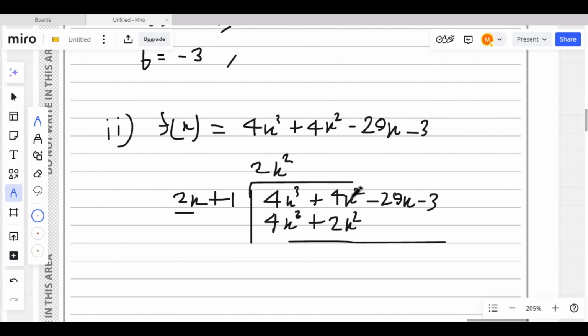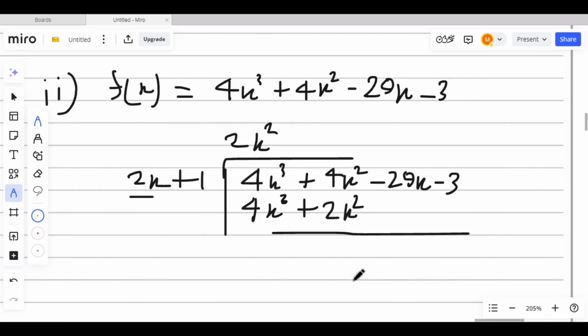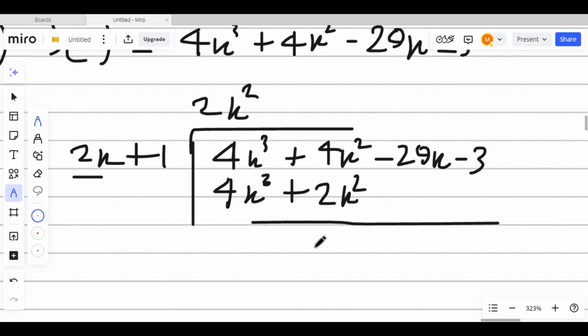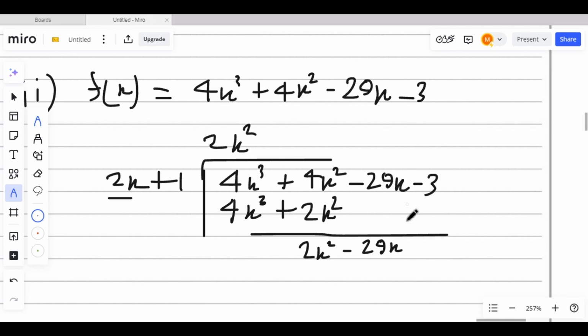Now subtract the below one from the above one. So what you will get? 2x squared. And then take this negative 29x.